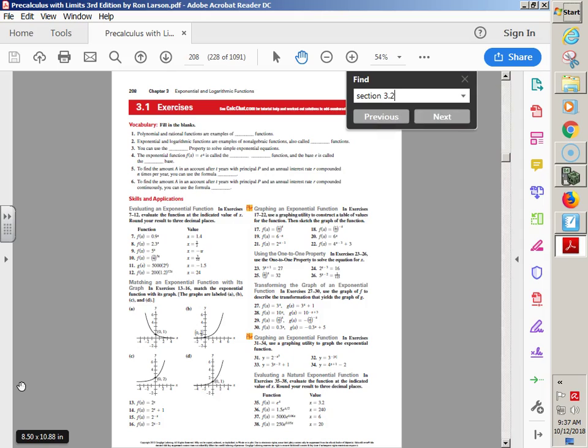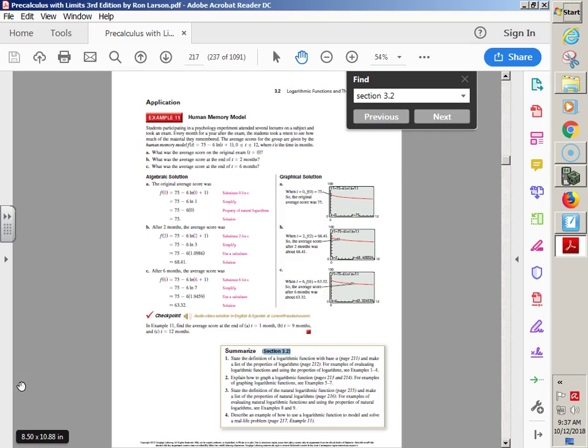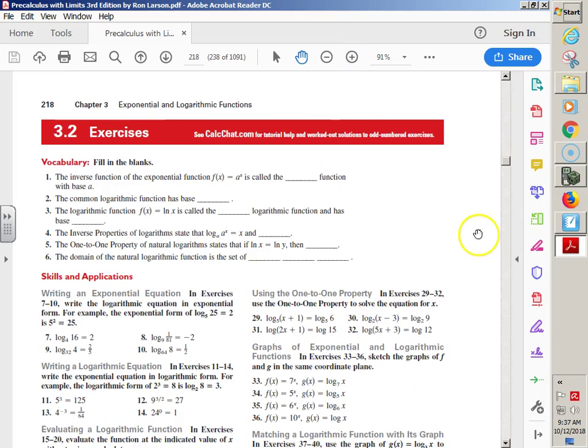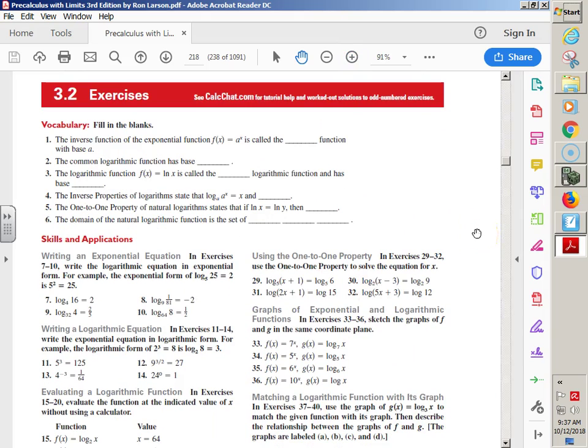There's no punishment involved. Who has started homework 3.2? 3 people. Okay. So my guess is the people that started homework are probably doing all right on it, right?